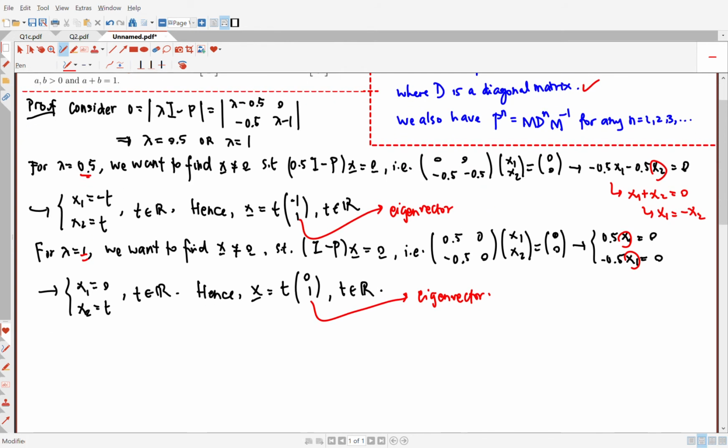And clearly the set containing these two vectors, (minus 1, 1) and (0, 1), is linearly independent, right?